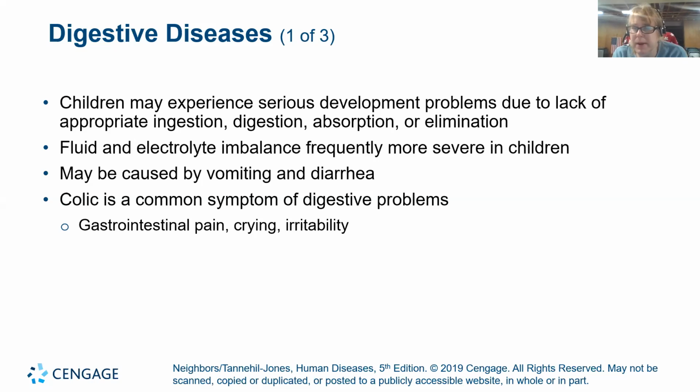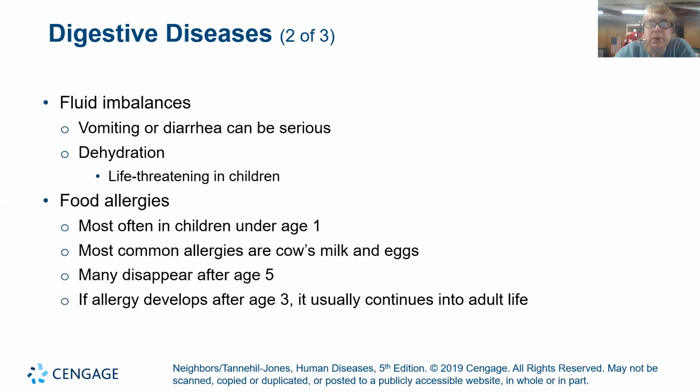It can be when they're vomiting, when they have diarrhea. Colic is a common symptom of digestive problems. The child has a GI pain, they cry, they're irritable, and the pediatricians really work hard to identify colicky babies so that they can get a different type of formula, which can help promote better digestion and absorption. Fluid imbalances, like I said, they can be very serious, almost life-threatening in children.